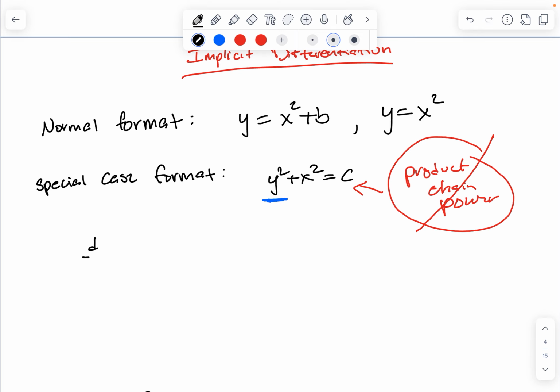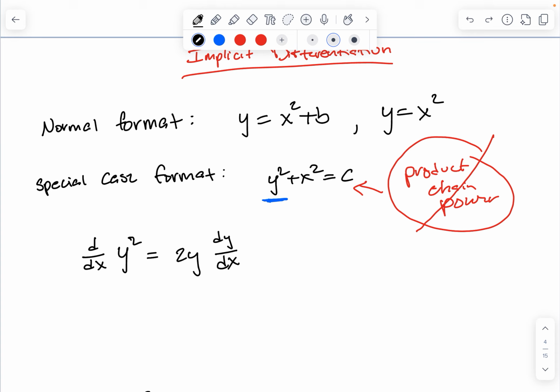If we want to take the derivative with respect to x, which is what we have been doing, of y squared, this equals the derivative of y squared, which is just 2y, times dy dx. Now, this dy dx says that we have taken the derivative of y with respect to x, because the entire format has to be here.